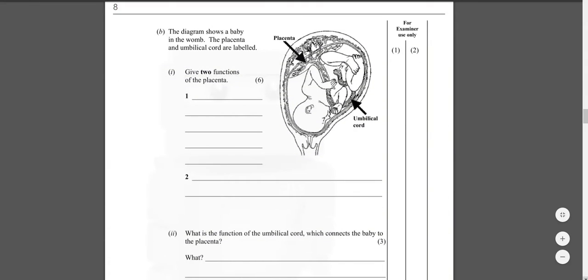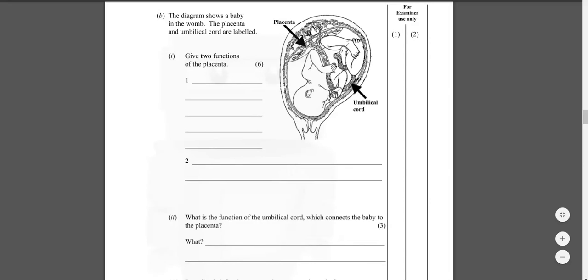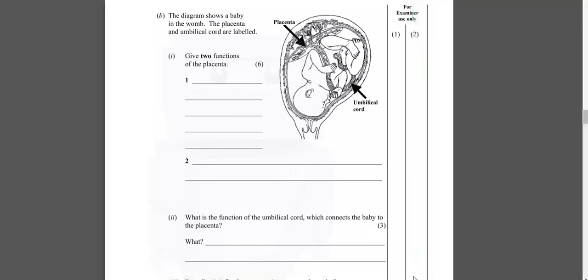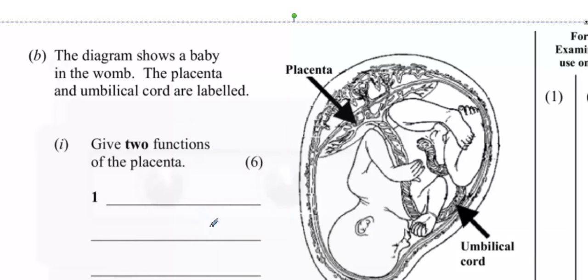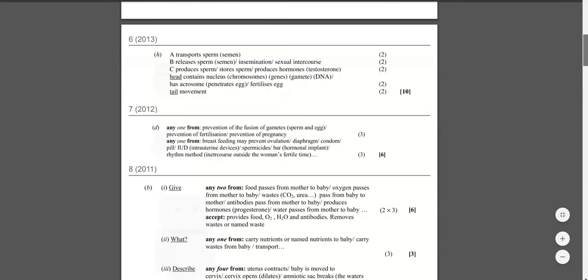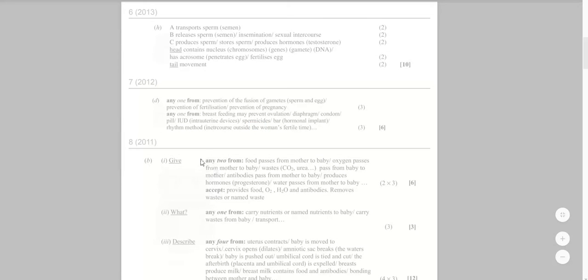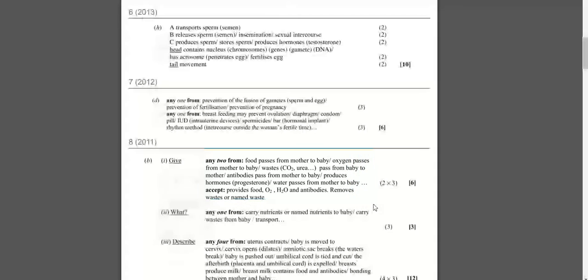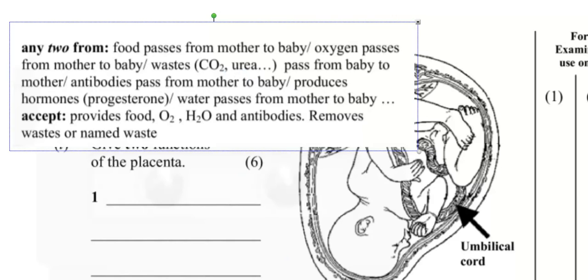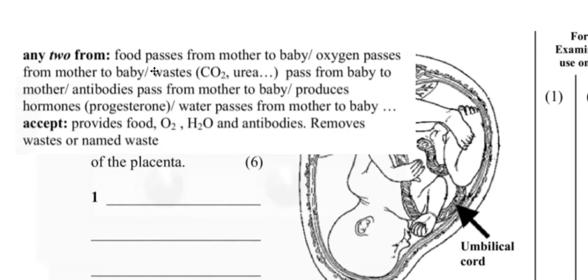Okay, so we got the stages of pregnancy, and we're going to go for two functions of the placenta, which would be the next thing we're doing. Give two functions of the placenta. Sometimes it's good to have a look at what we're doing here. So you can do anything from this list here. We'll give you a full list on this one. The placenta passes food from the mother to the baby.